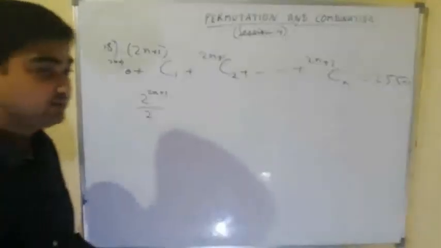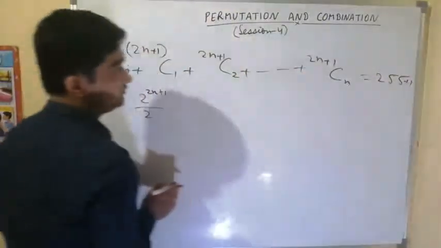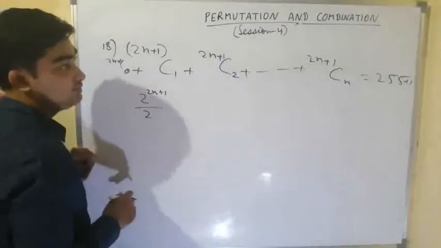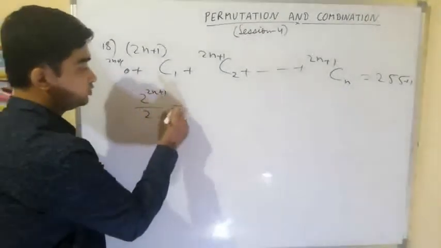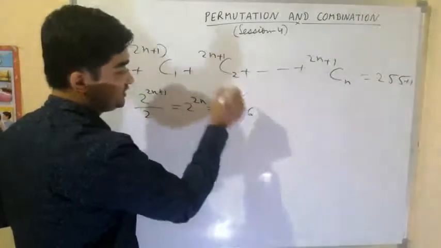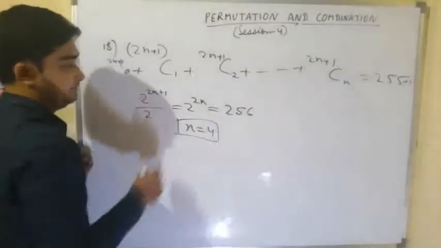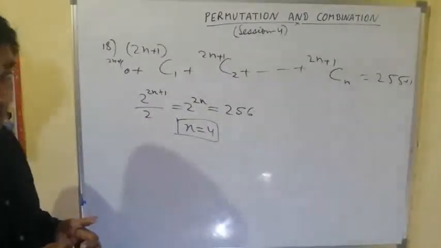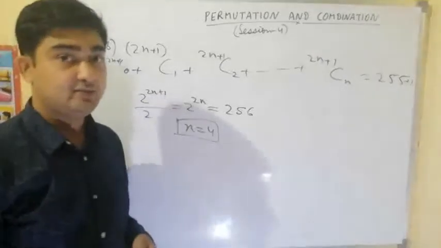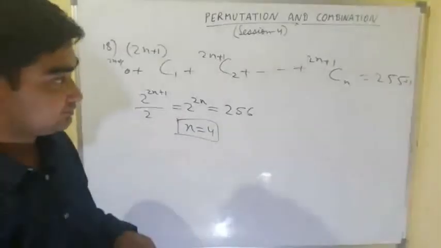nCr is equal to nCn minus r. If the sum went up to 2n plus 1, the total sum would have been 2 power 2n plus 1, divided by 2. So 2 power 2n will become equal to 256. So n will become equal to 4, because 2n is 8. So n is 4.